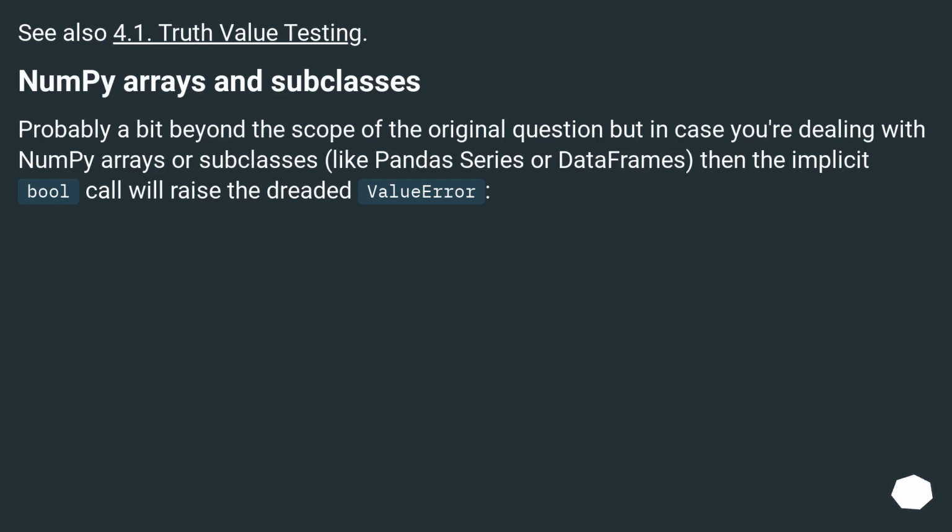NumPy arrays and subclasses. Probably a bit beyond the scope of the original question, but in case you're dealing with NumPy arrays or subclasses, like pandas Series or DataFrames, then the implicit bool call will raise the dreaded ValueError.